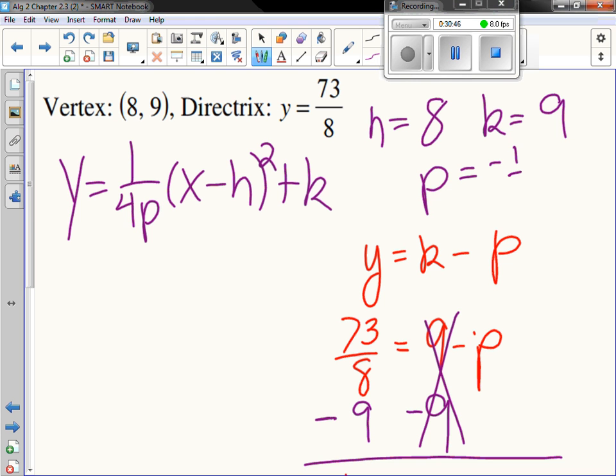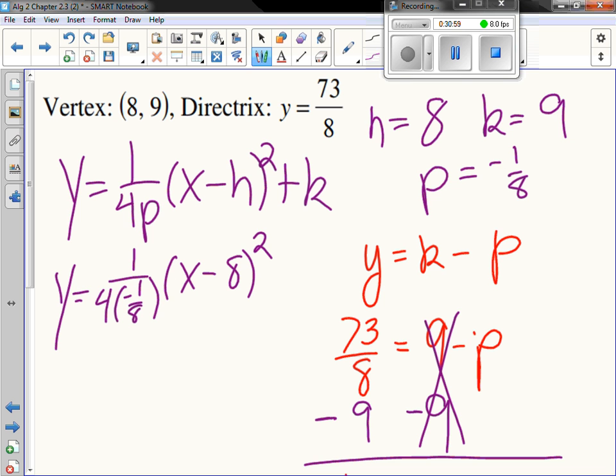So, negative 1/8. The last step is to plug them in. So we have 1 over 4 times negative 1/8 times x minus 8 squared plus 9.